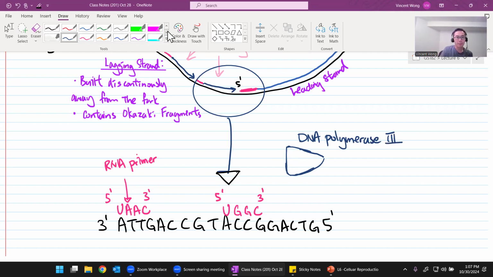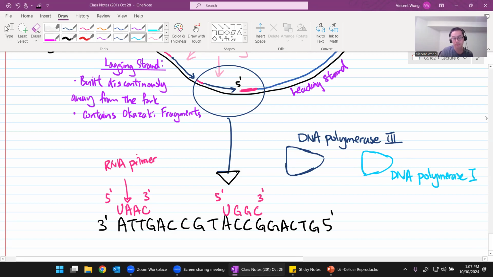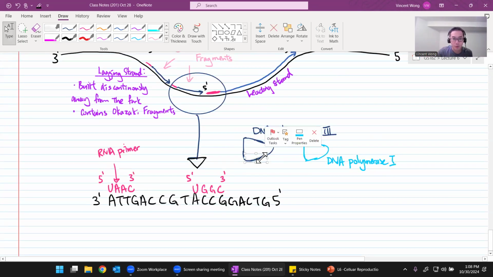Now, there is another DNA polymerase, which I have not told you about yet. This is DNA polymerase 1. Okay? Let me explain first, and then I will write down the notes for you. So what you already knew is this: the DNA polymerase 3 is going to come over here.